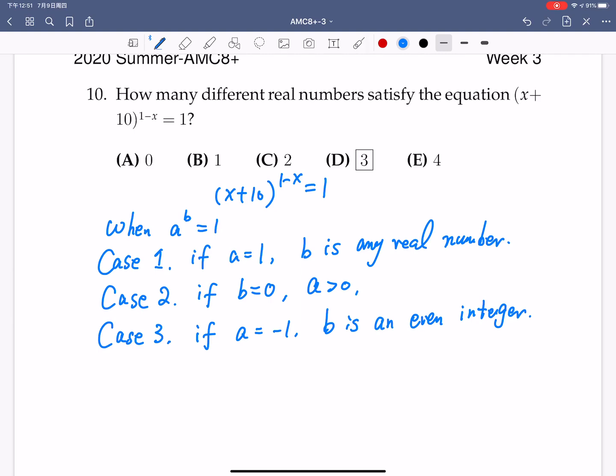So case 1 will happen when x plus 10 is equal to 1. So in that case, x is equal to -9. And a quick check shows that this is indeed one of the solutions.